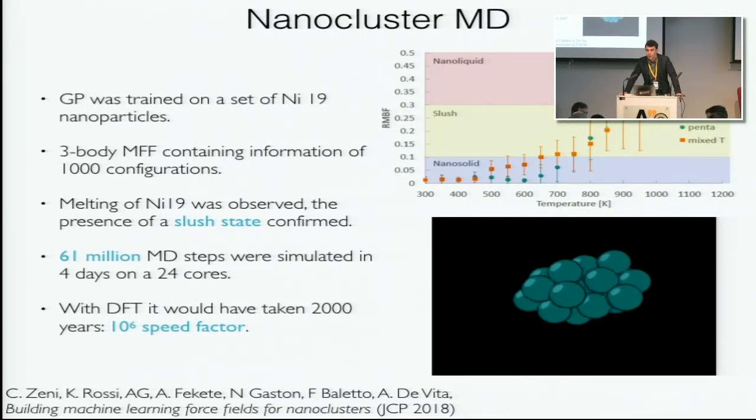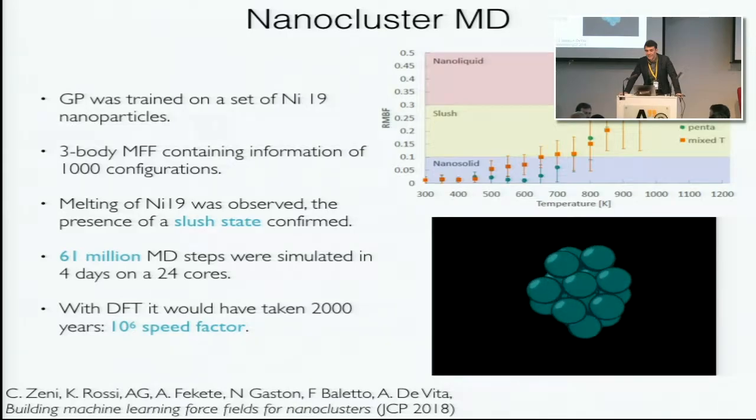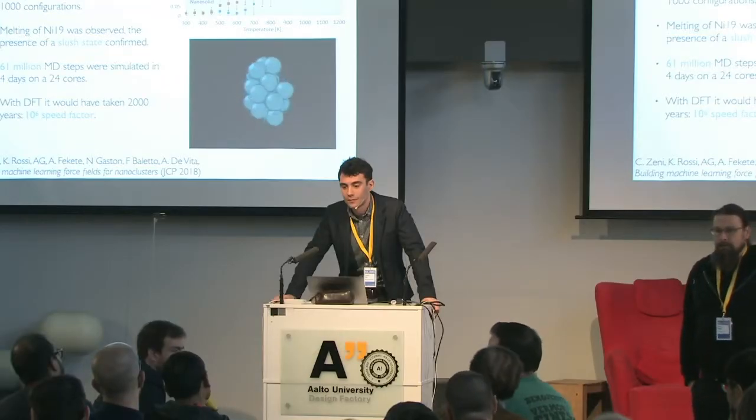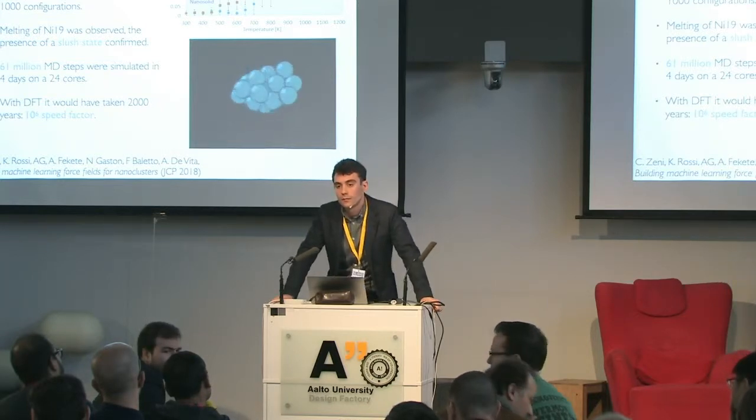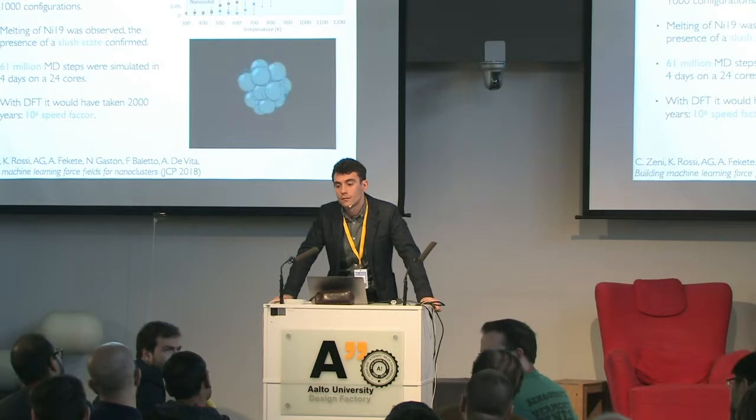So it was for the DFT, Kevin part, here. Kevin. Yeah. It was spin polarized. We sampled the manifold of different spin states, and we did check that the forces all in all are not changing too much depending on the spin state.